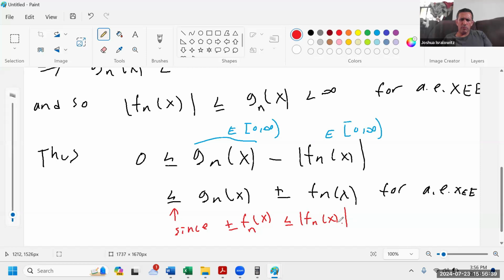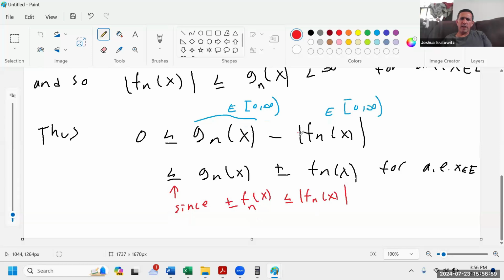I mean, they could be equal, but it's always less than or equal to. So minus the absolute value of f_n of x is always less than or equal to plus or minus f_n of x. Technically minus plus, but it's the same thing. So minus makes it go the other way.